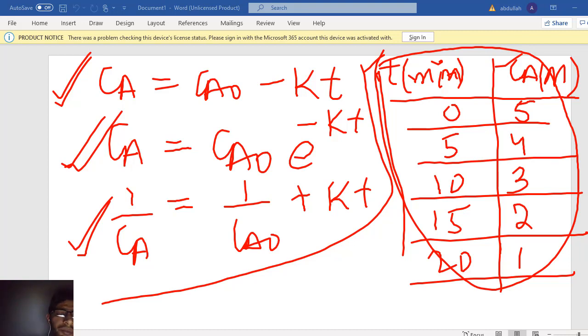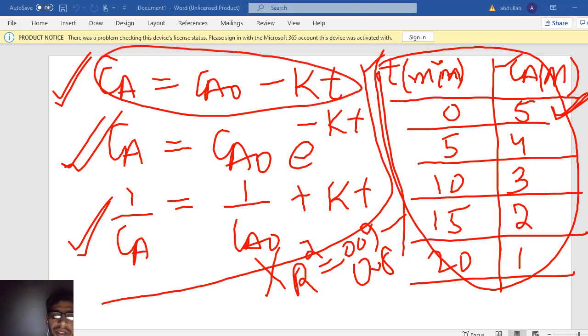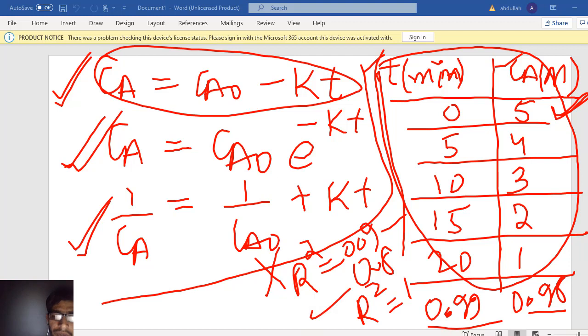If the regression coefficient obtained from this data, the R squared, was 0.1 or 0.8, then we will not accept this straight line. Similarly, we will accept those regression coefficients whose value is 1 or 0.99 or 0.98. So we will compare our experimental data with the linear line.